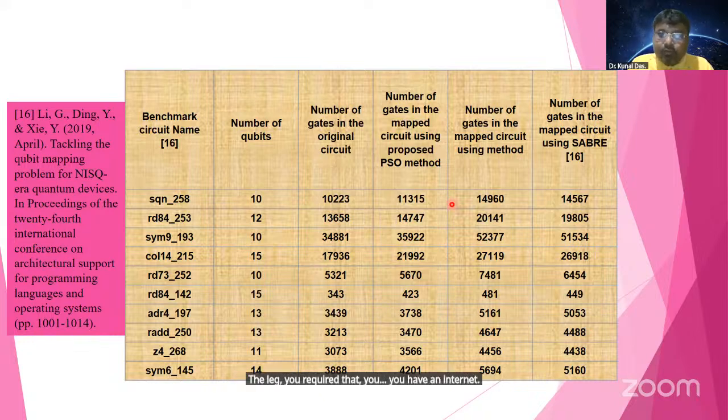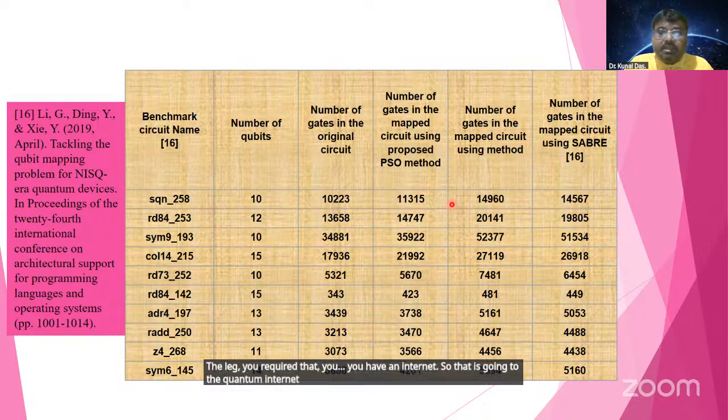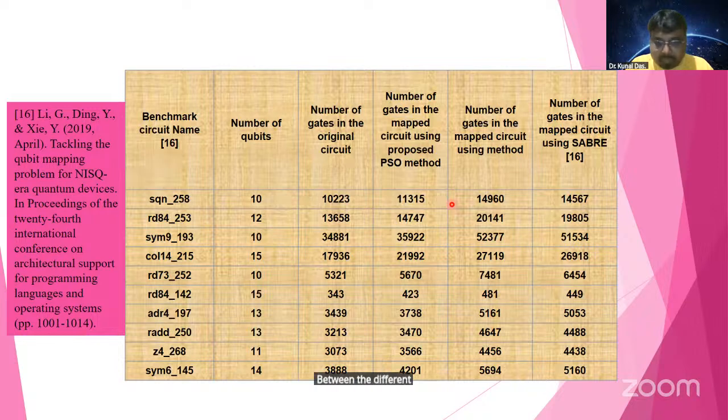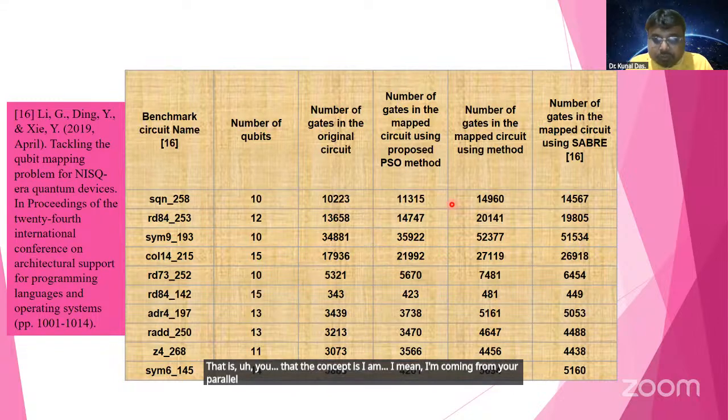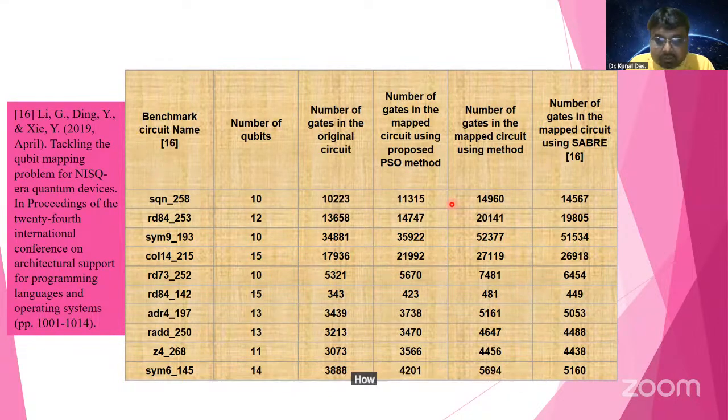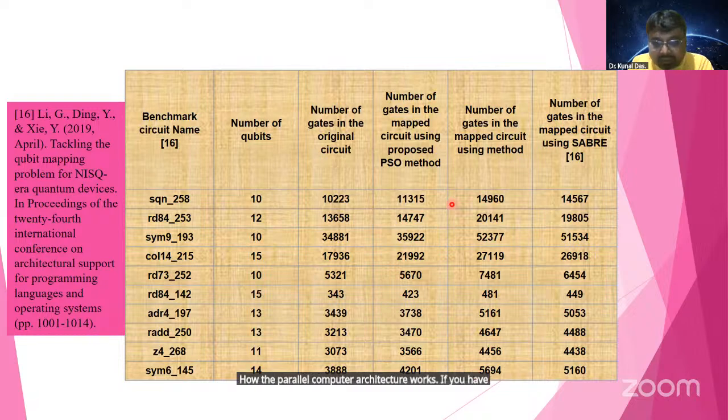So that is going to be the quantum internet. You have an internet or interconnectivity between the different chips. The concept comes from parallel computer architecture. How does parallel computer architecture work? You have an interconnectivity network, so different devices and different processors are connected.